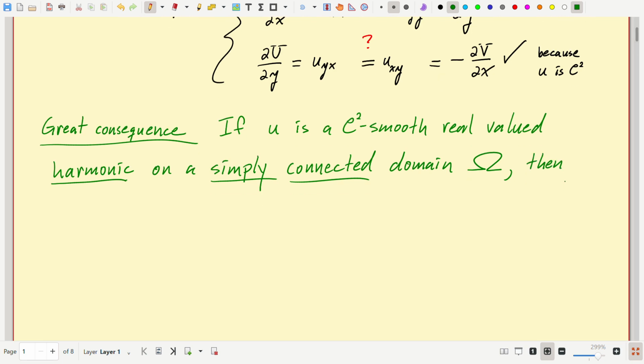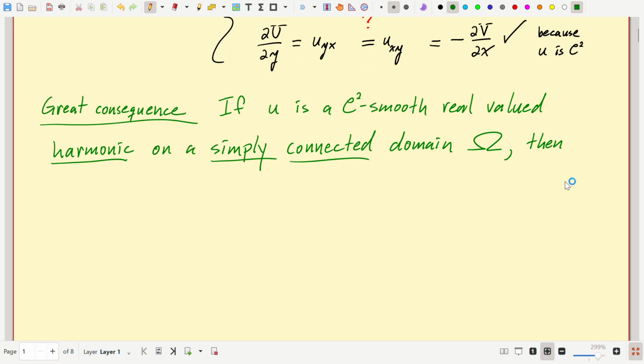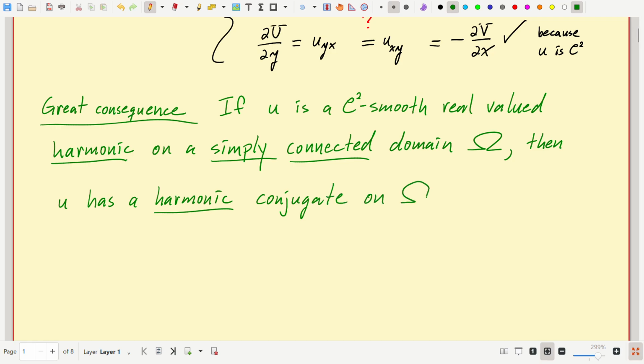We saw that there's problems that arise if there's holes. If there's no holes, then there's no problems. So then u has a harmonic conjugate on omega.